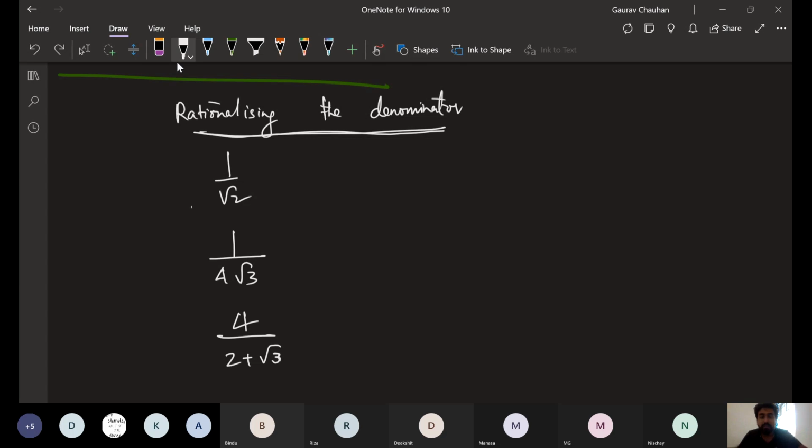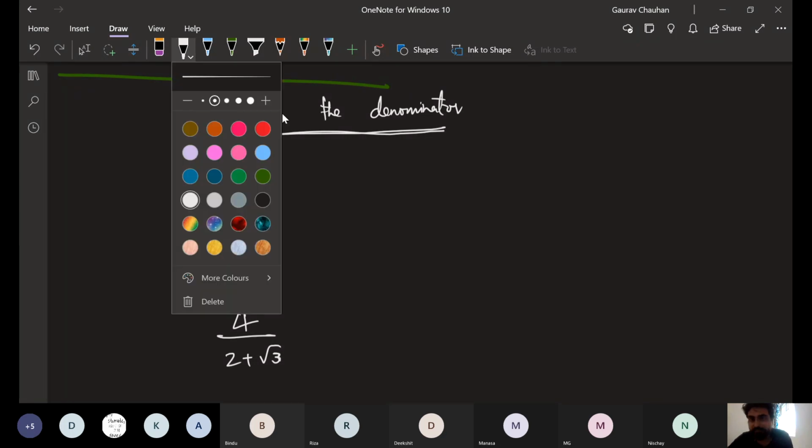But if the denominator is irrational, we don't leave it like that in our final answer. Maybe in the middle of the question you can leave it, but when you communicate the final answer to someone, the general practice is to keep the denominator rational. So we are looking at ways to make the denominator rational. This is a topic of last year, and I'm just recapping that.